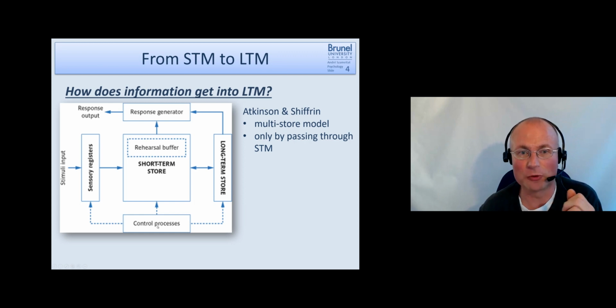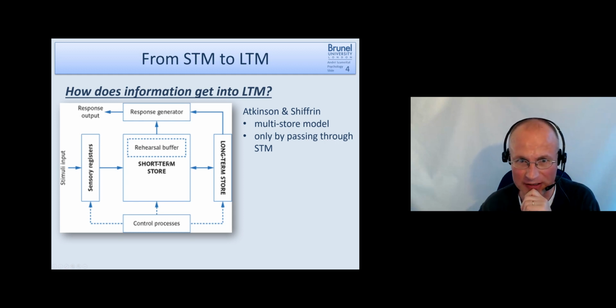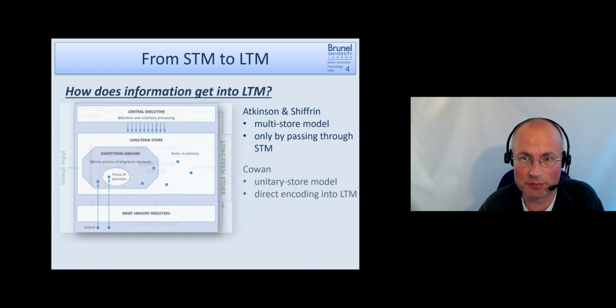Control processes then coordinate which information gets into long-term store or can be retrieved from long-term store into short-term store. So in this model, any information which wants to get into long-term store needs to pass through the short-term store. So we have to become aware of it, and it has to be in STM.